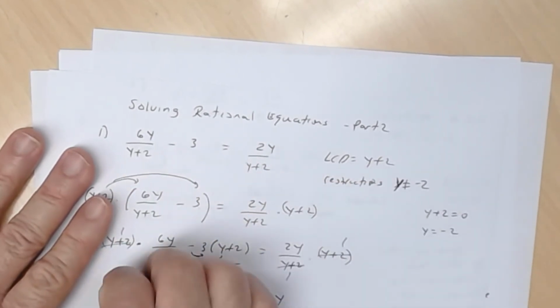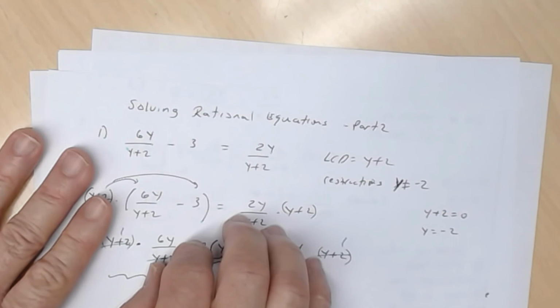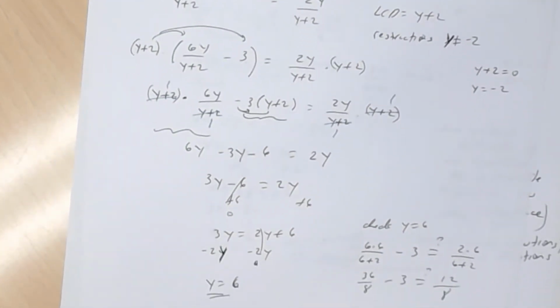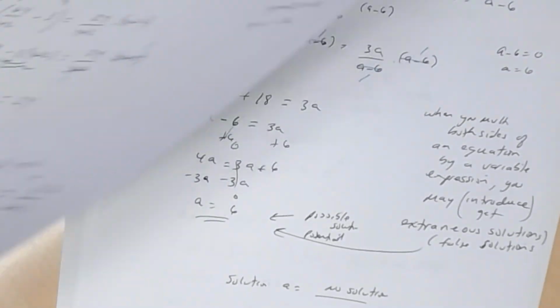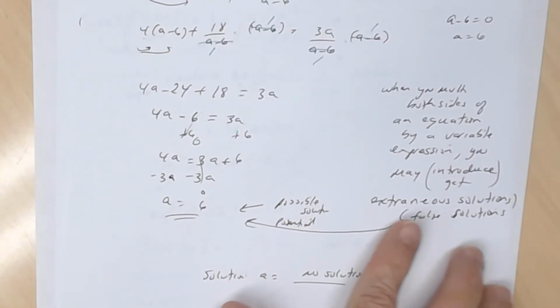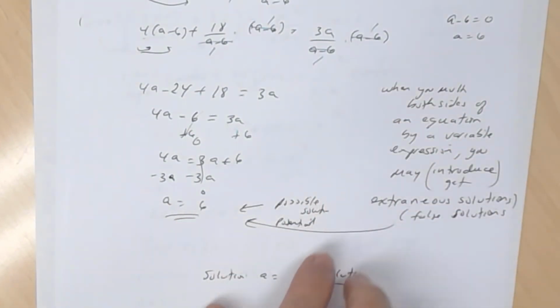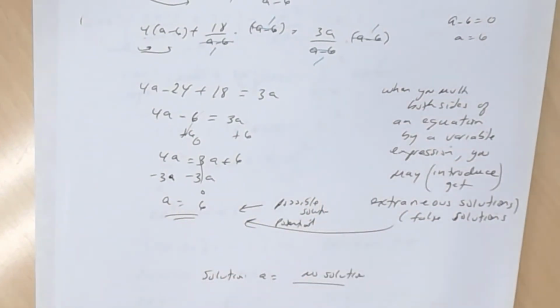So it was easy to find the LCD. All right, and then notice that sometimes we ended up with an extraneous root in this case, and since that was the only one and it was extraneous root, we would say no solution.